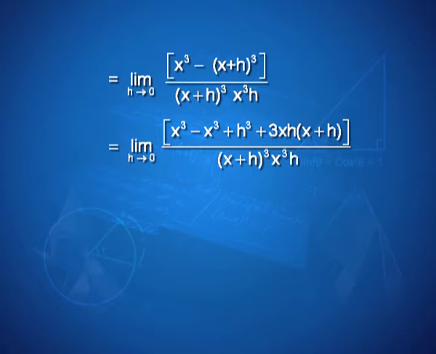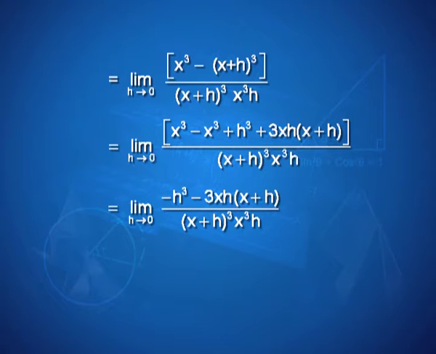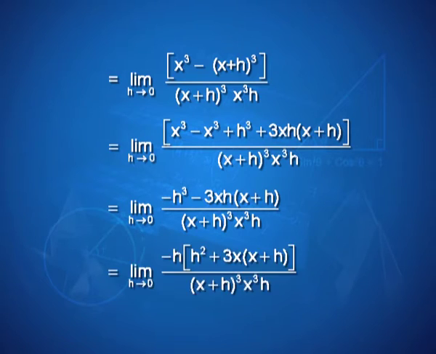This is equal to limit minus h cube minus 3 x h into x plus h upon x plus h whole cube into x cube into h as h tends to 0. That is equal to limit minus h into h square plus 3 x into x plus h upon x plus h whole cube into x cube into h.